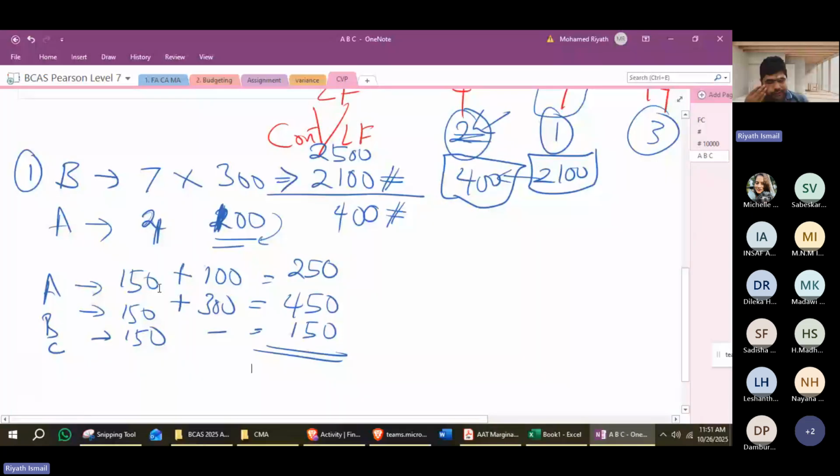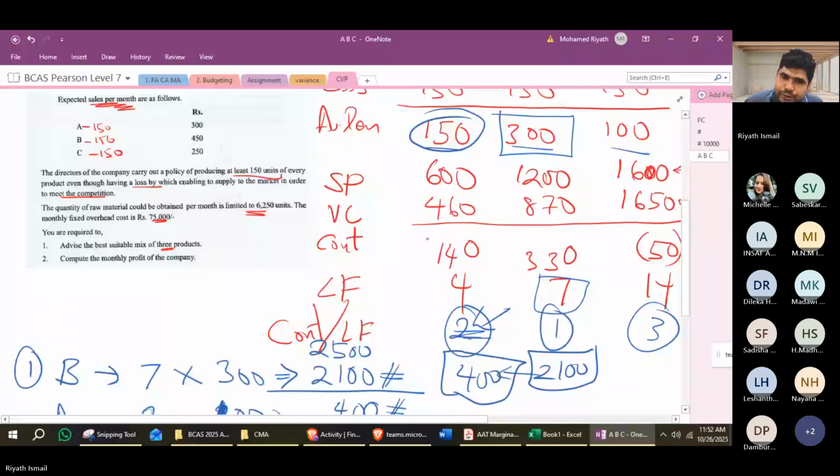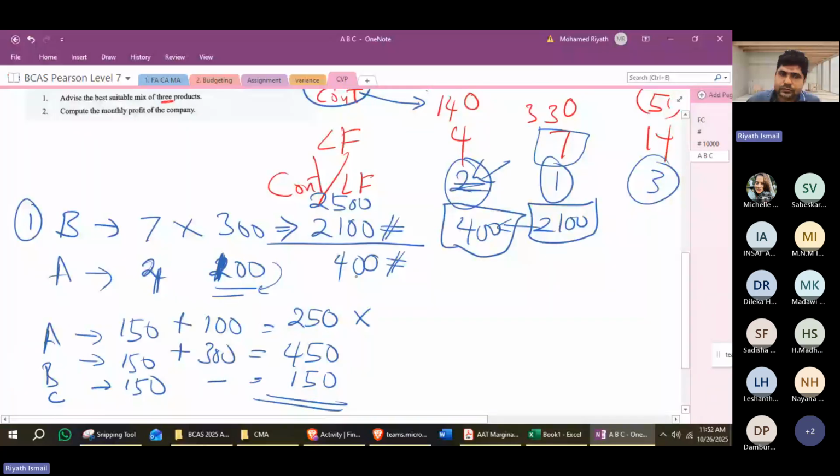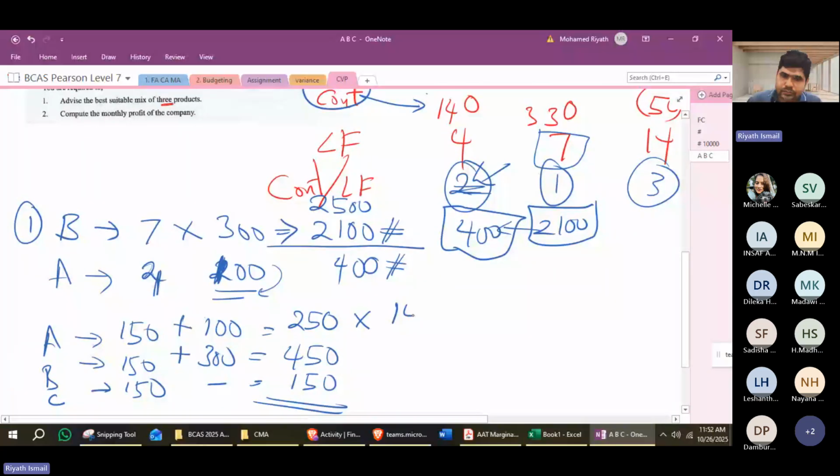Here we produce A 250. A gives us contribution 140. B gives us 330 and C gives us 50 loss. Then how much profit can we make? 250 into 140.